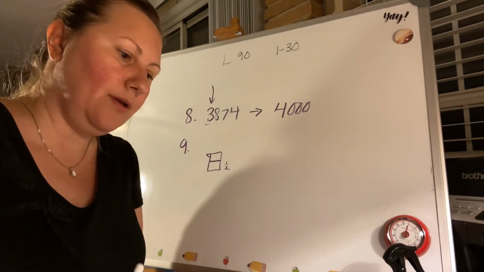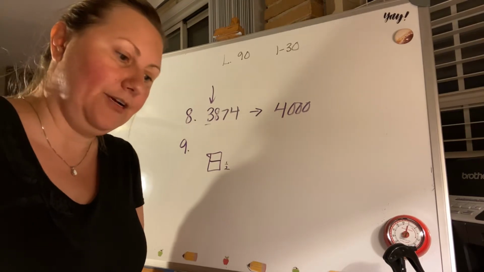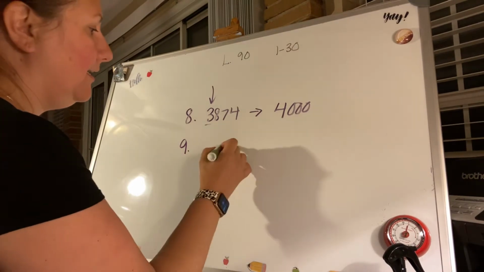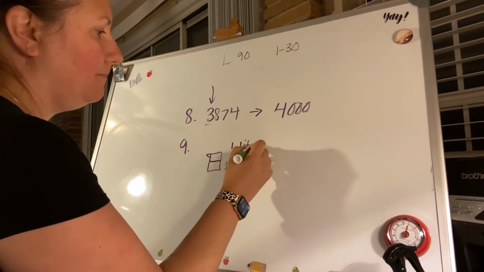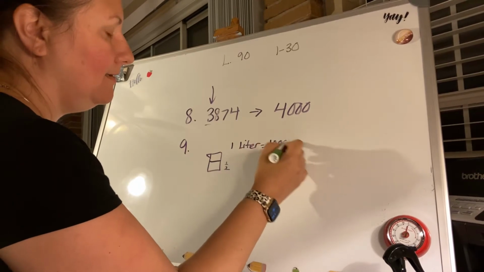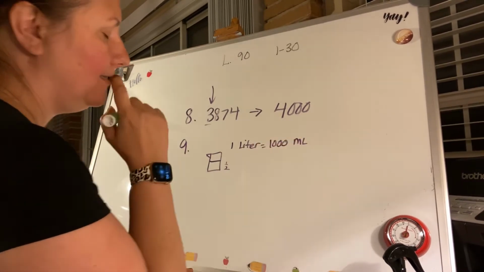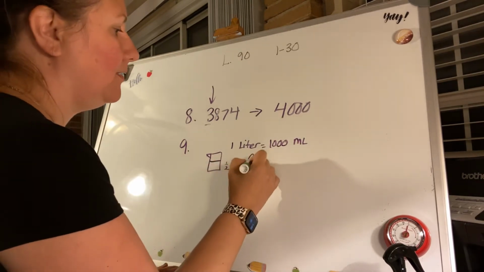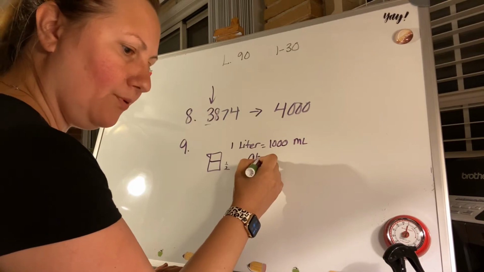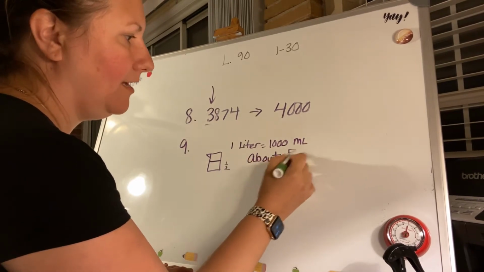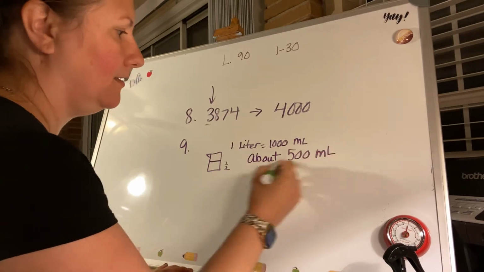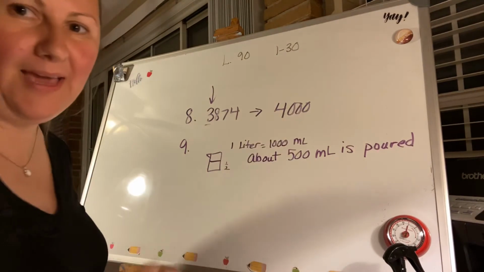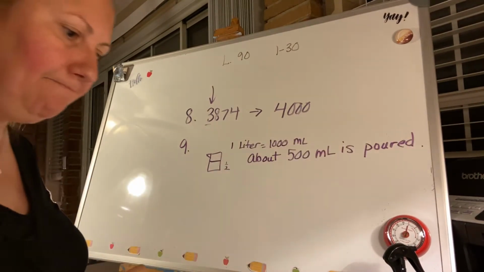So how many milliliters, milli means 1,000, did she pour into the pitcher? So 1 liter is the same as 1,000 milliliters, okay? So if she's pouring half of that, we are going to say that she is pouring about 500 milliliters. Okay, and there's our answer to number 9.